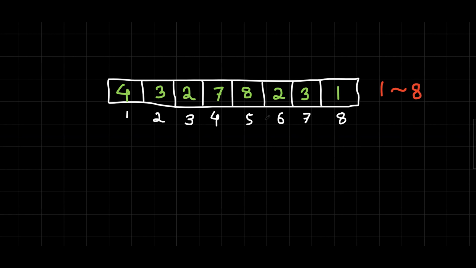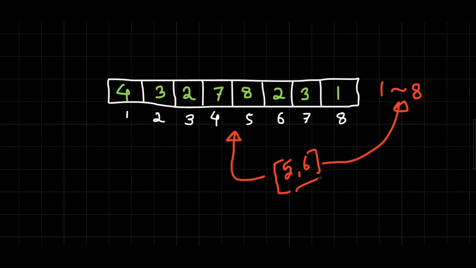We can see that the elements 5 and 6 are absent in this array. 5 and 6 come from this range and are absent in the given input array. So we have to return 5, 6.